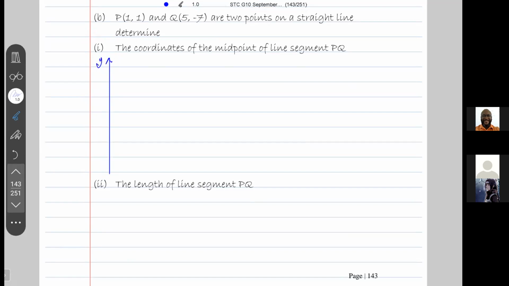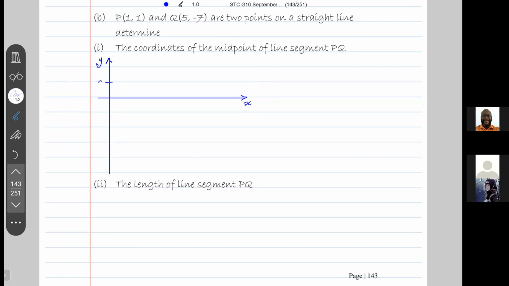This is the y-axis. And this is the x-axis. I'm just doing a sketch so you can get a visual appreciation of what you're being asked to do. Let's label this.